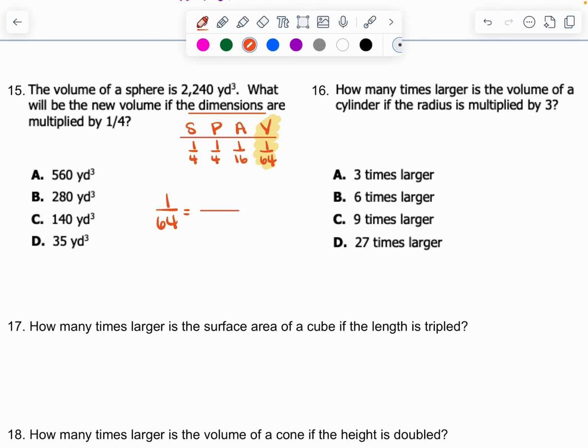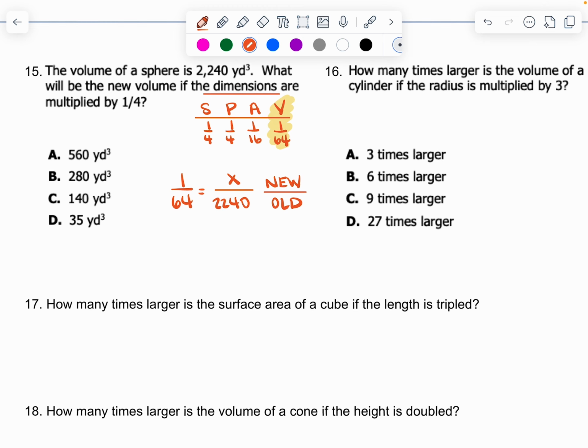It says, what would be the new volume if the dimensions are multiplied by a fourth. So our new one is going to be smaller than the original old one. The old volume was 2240, and we're looking for the new one. So clearly we're dividing by 64.